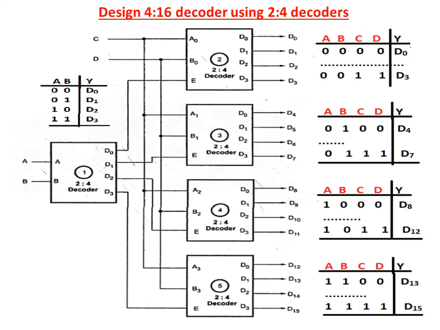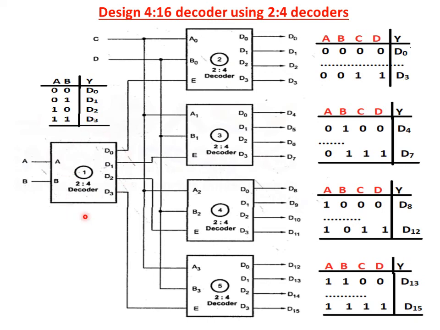Design a 4:16 decoder using 2:4 decoders. Here the inputs are 4, that is A, B, C, D, and the outputs are 16, D0 to D15. Here we are using a total of 5 2:4 decoders.